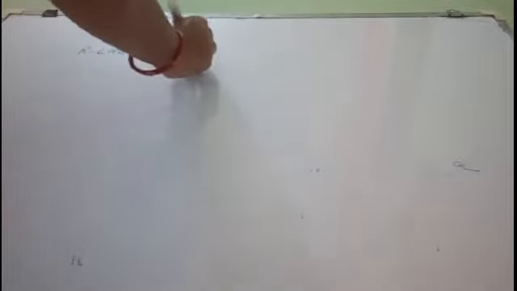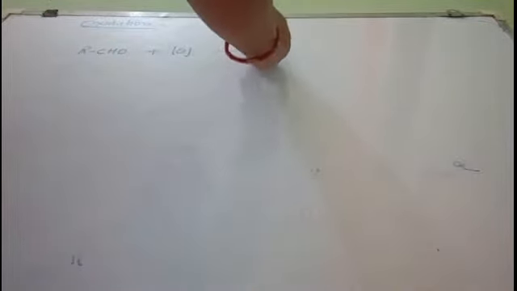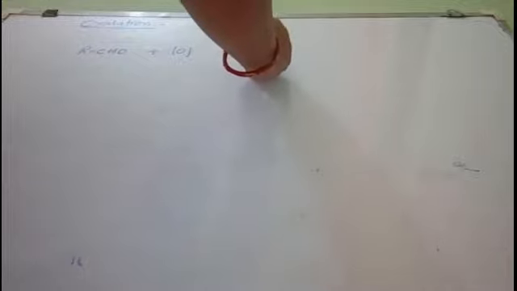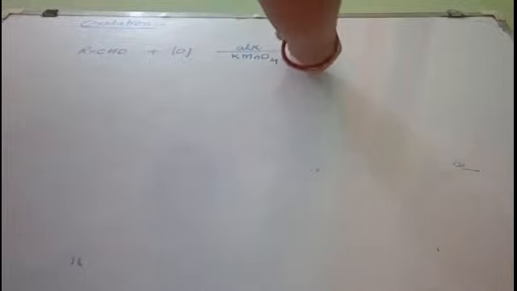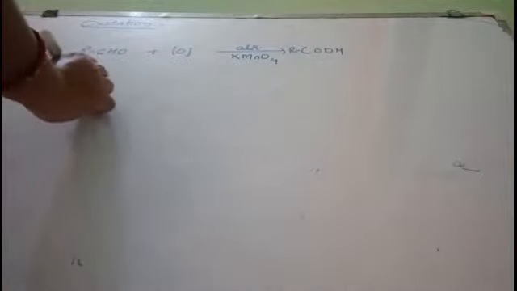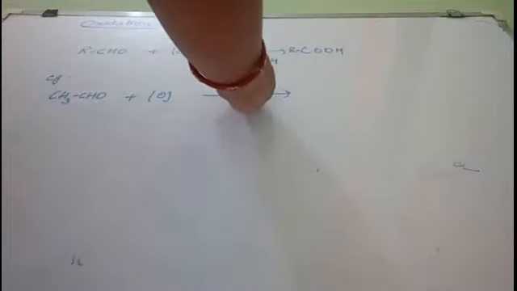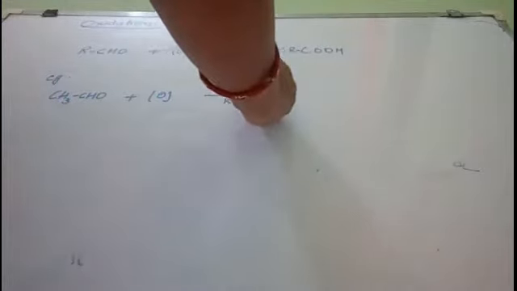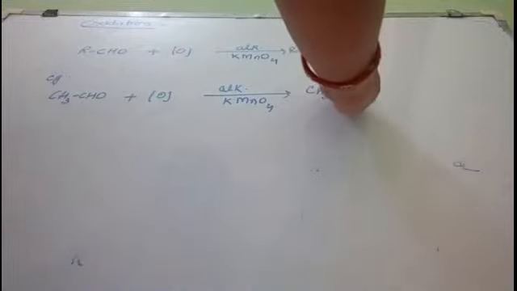First, for aldehydes, when they are oxidized, we are using alkaline potassium permanganate. So RCOOH, a carboxylic acid, will be formed containing the same number of carbon atoms, right? If there is one carbon here, then one carbon there; if two carbons here, then two carbons there. For example, if we have ethanal and we oxidize it using alkaline potassium permanganate, we will get ethanoic acid.